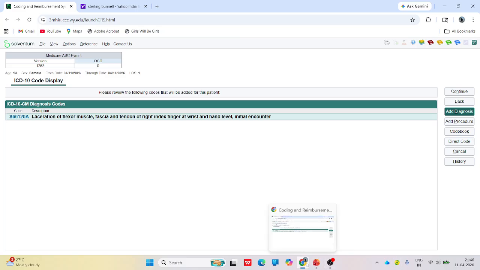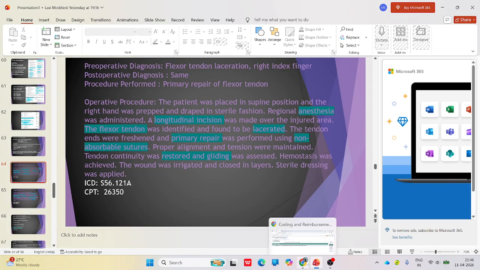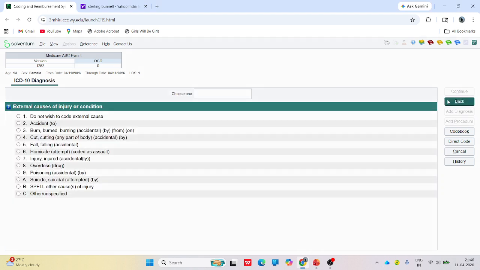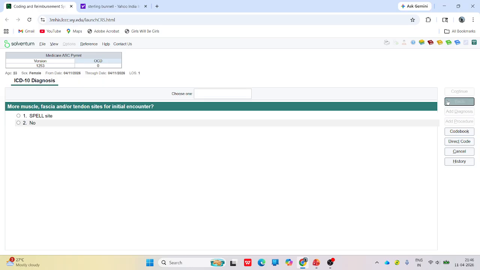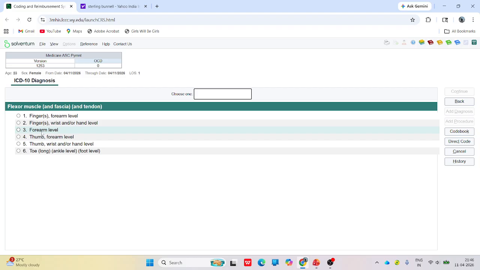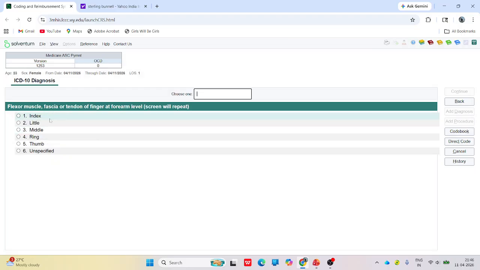No, the code will be different. I think the code will be something different. So it's a thumb or index finger, fingers and forearm level.